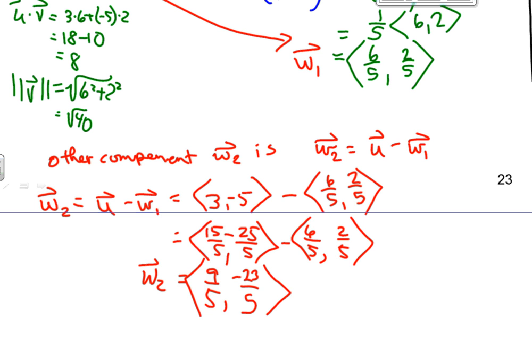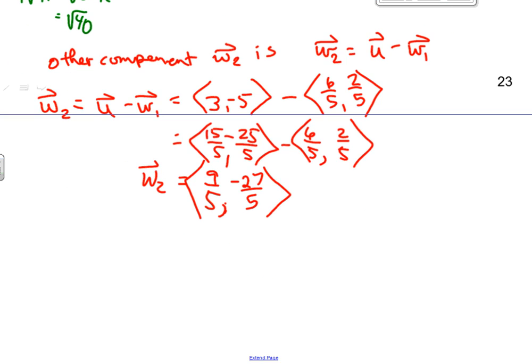Oh my gosh, wow, it is -27. -25/5 minus 2/5 is -27/5, and that's a comma in there. Okay, and that is what I have written on my paper, and that is actually correct now. Yay.